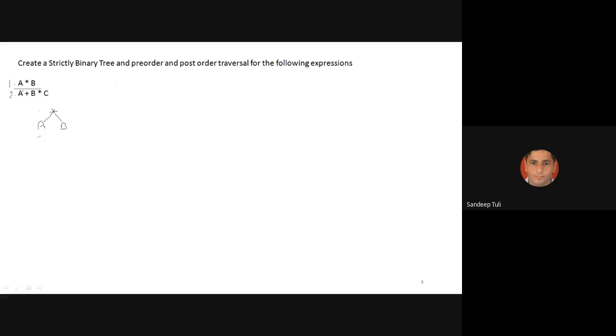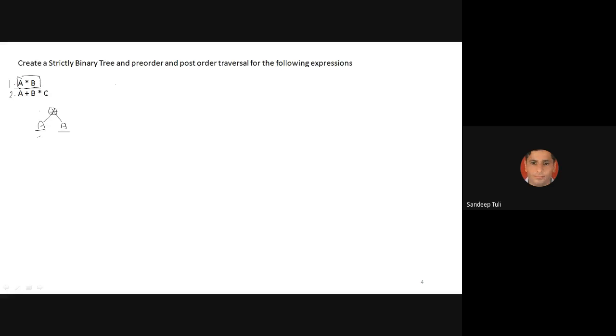So we need to check the expression given to us, and we need to find the solution of the expression as we do in mathematical calculation. Suppose a simple expression is there, A star B plus A star B. The operator will always be an internal node, and operands will always be external nodes. That you need to take care of.